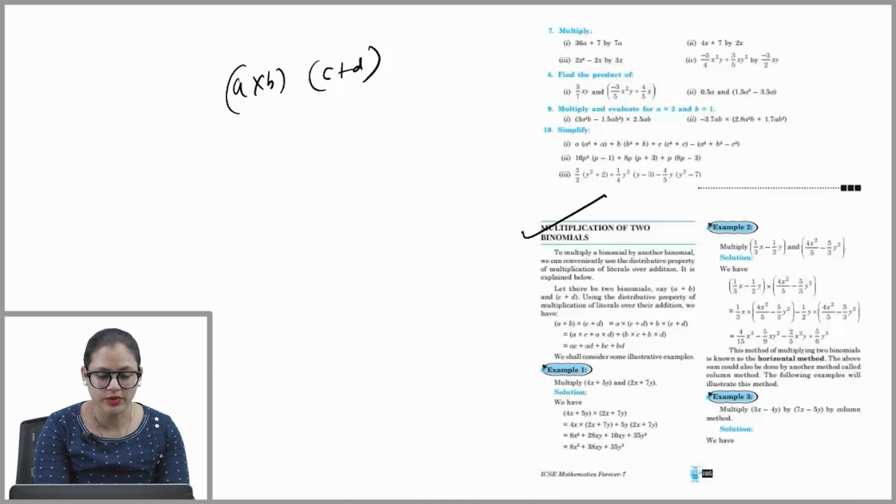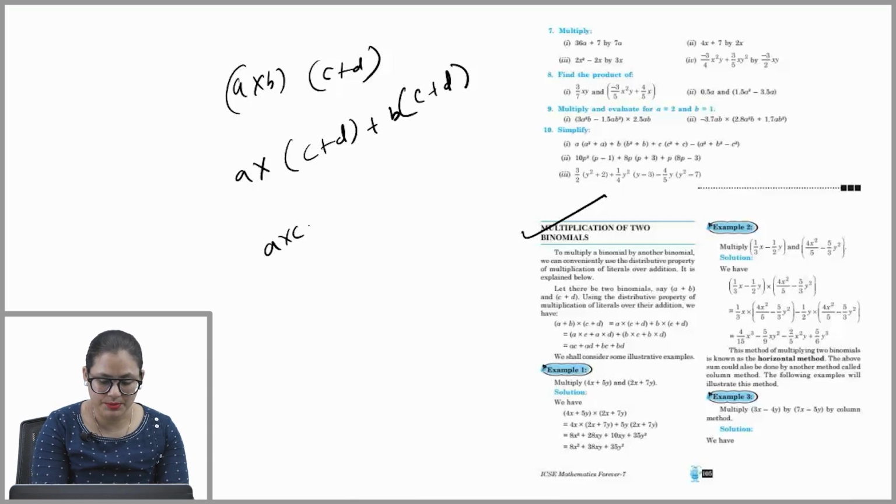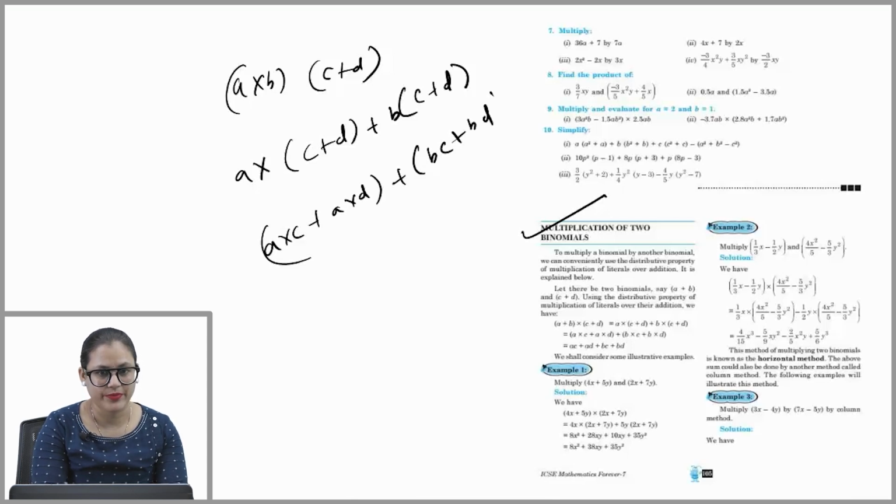Now what will you do? You will first multiply a into c plus d, then plus b into c plus d, right. Now a into c plus a into d, then plus b into c plus b into d, okay.